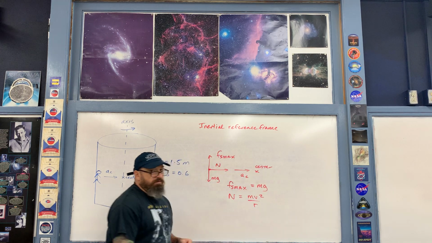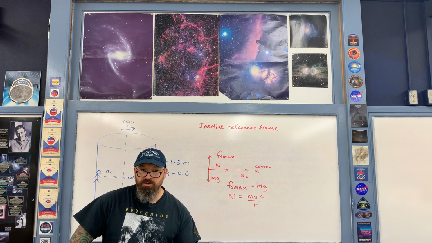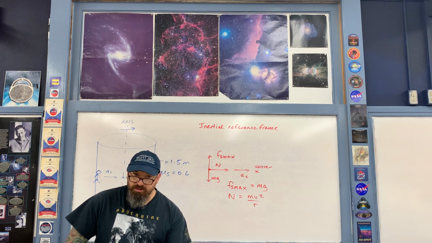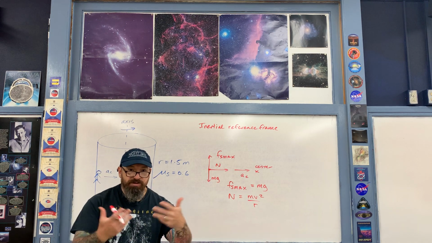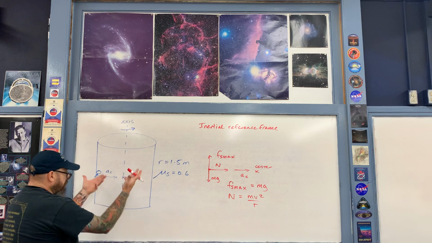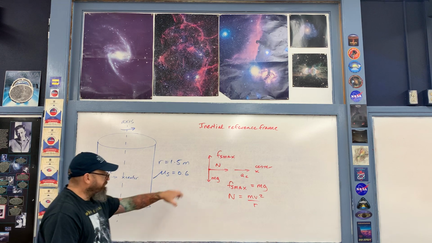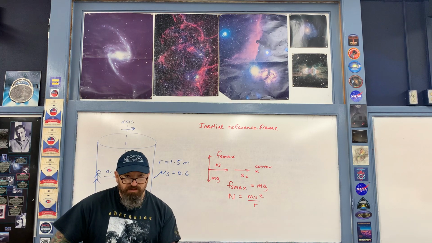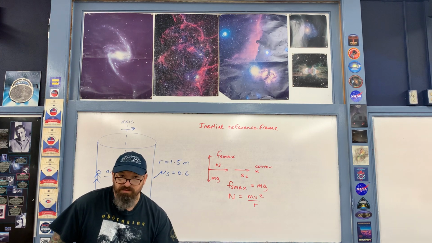An inertial reference frame is a reference frame that is at a constant velocity, usually just simply assumed to be zero. So imagine an inertial reference frame in the context of this problem in the following manner. It's as if we're sitting here in this classroom, watching the ride rotate here on the board, and we then describe the forces that we see acting on the person. In other words, from our point of view, we are at rest.